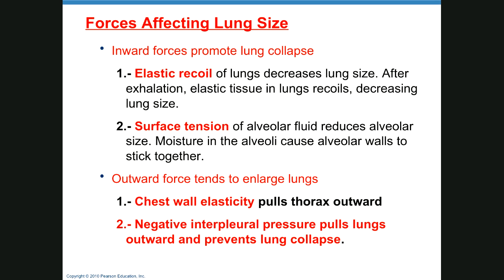expanding the lungs is going against the natural state of the lungs. The natural state of the lung is to collapse because there are lots of forces in the lungs pulling it inward. The two main forces are, first, elastic recoil.